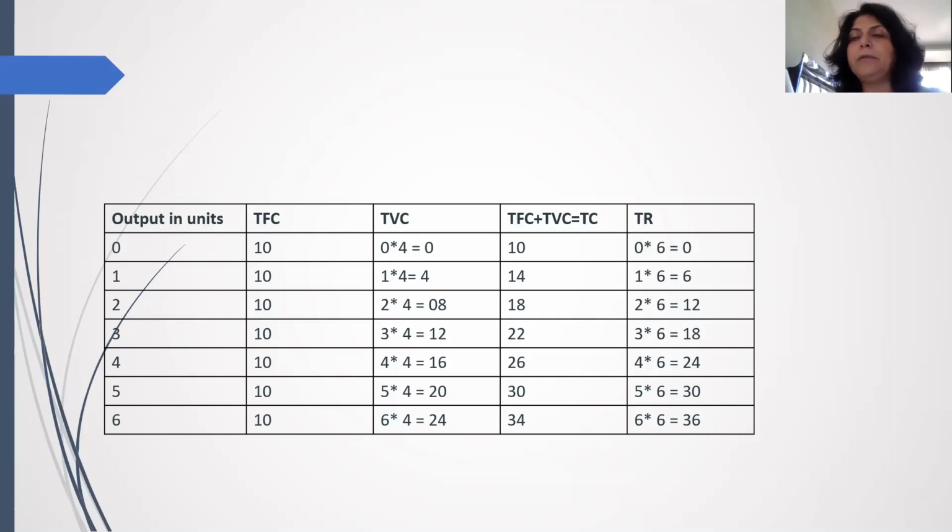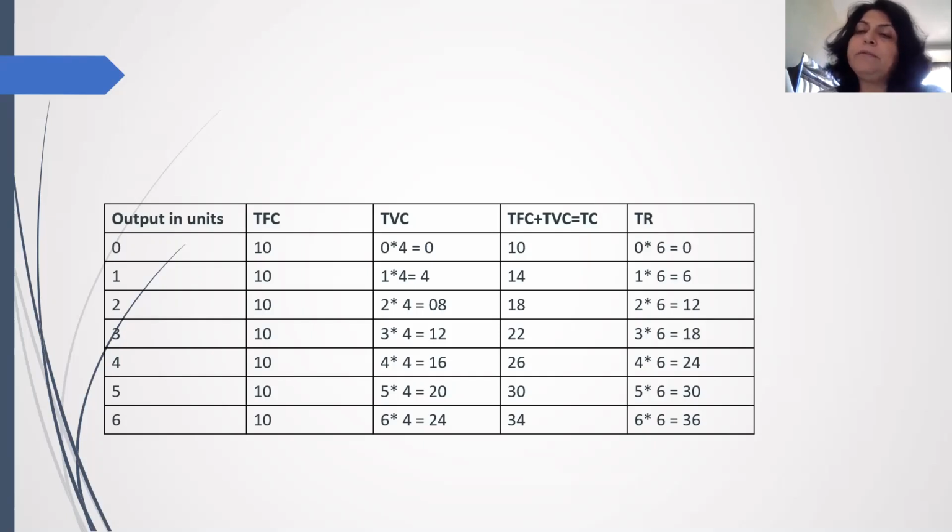How about TC? TC is the addition of TFC and TVC. On 0 output, TFC is 10 and TVC is 0 into 4, which gives you 0. If you increase the output, 1 into 4 gives you 4. As you increase the output, your total variable cost will increase.